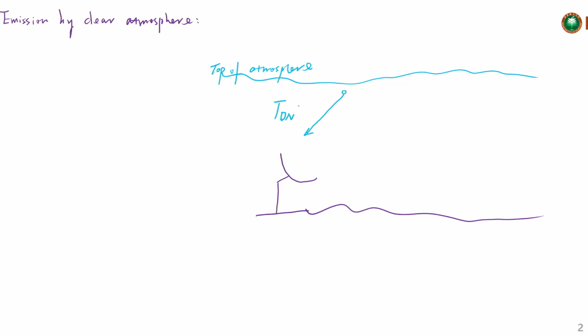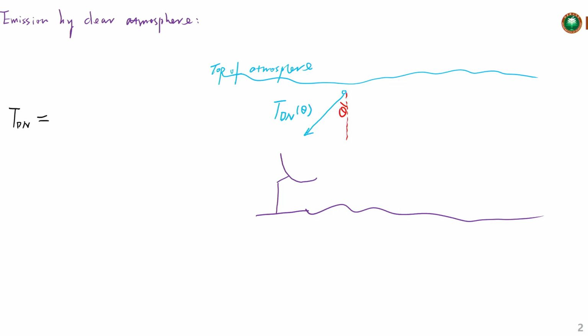So it is related only to theta, the elevation angle. Here is the elevation angle, plotted like this, this is theta. So we can express the downward emission by the atmosphere as Tdn.